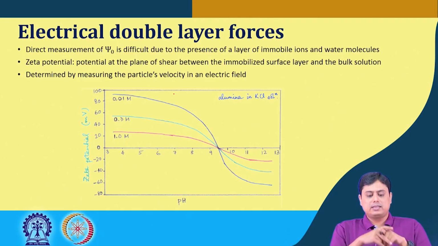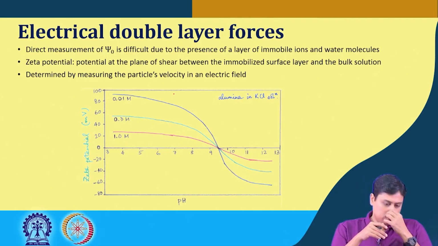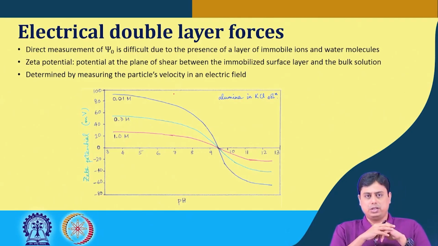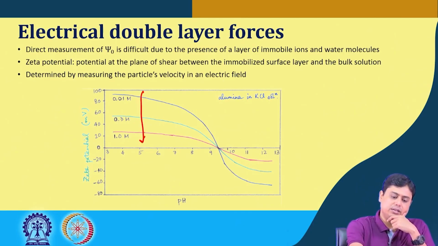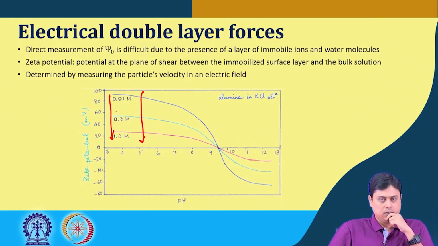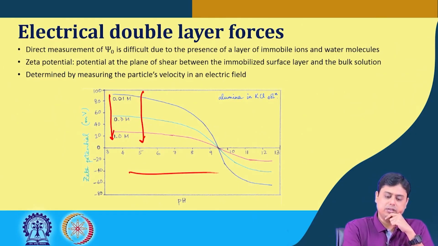This schematic shows the variation of zeta potential with salt concentration and pH. We see that as the salt concentration increases, zeta potential decreases. As the pH increases, the zeta potential also decreases.